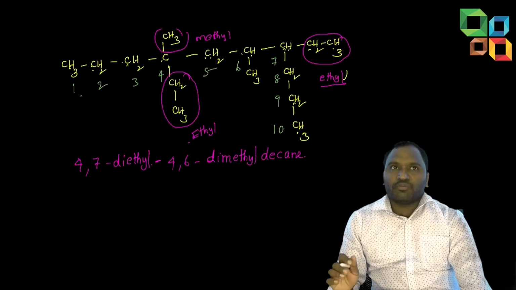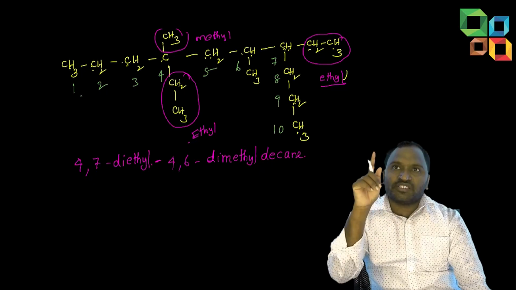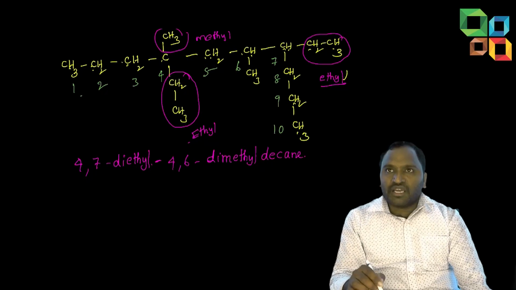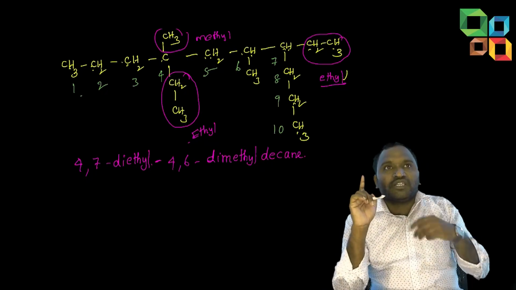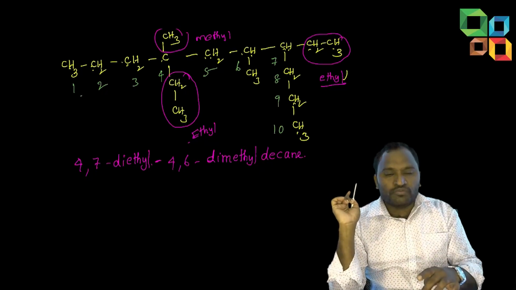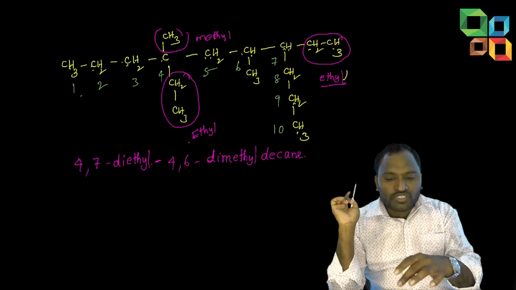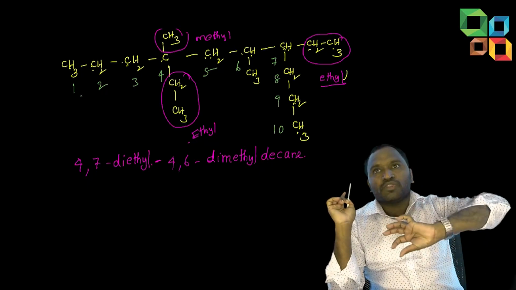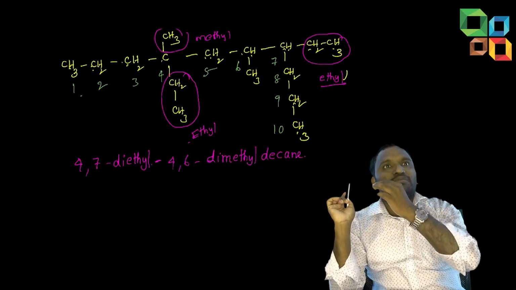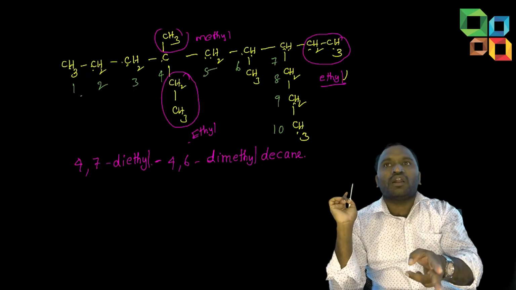Repetitions and locations also you have to mention, students. Where it appeared, you have to write. See here, ethyls are located at 4th position and at the 7th position. So 4,7 diethyl. Suppose in the 4th position only, 2 hydrogens are replaced by ethyl groups. That time also you have to write 4,4 diethyl.